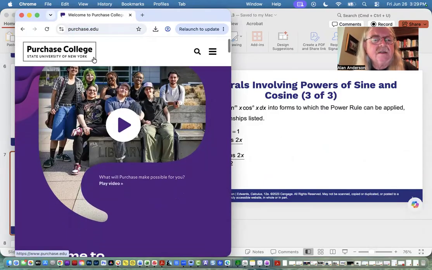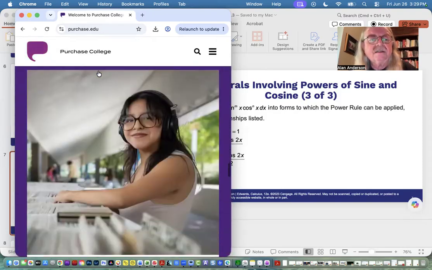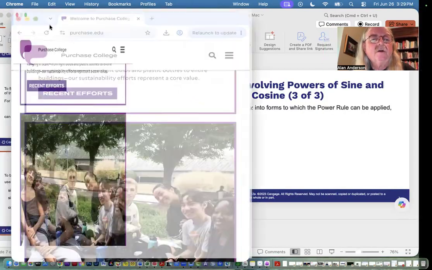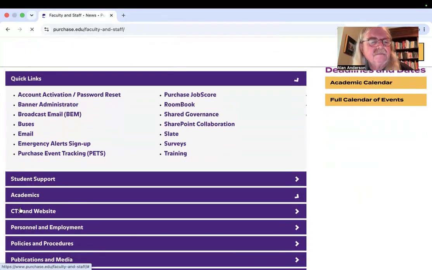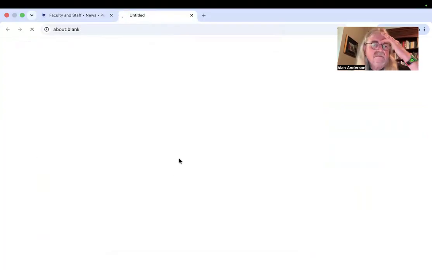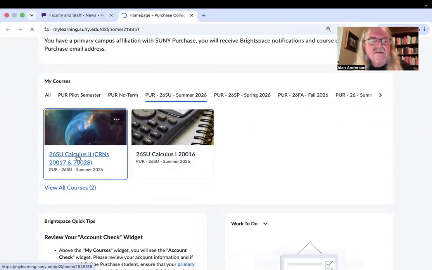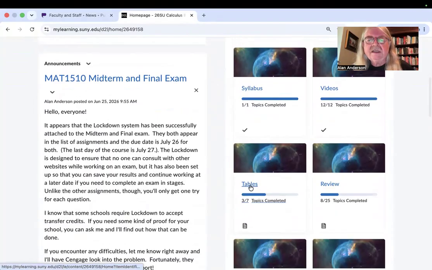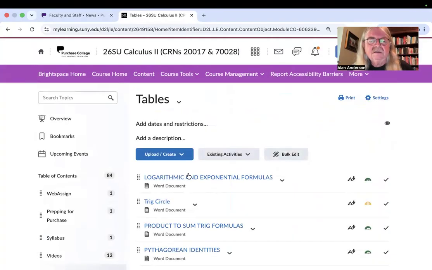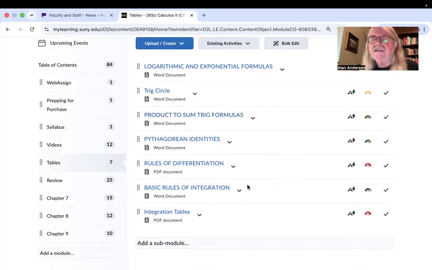If not, maybe I'll go look and see what I can do about that, because the list of trig identities is so long and so massive. It's almost beyond belief how many different identities there are. So let's go in here real fast and double check. Under the category tables, maybe not. Oh well, I'll look into that.